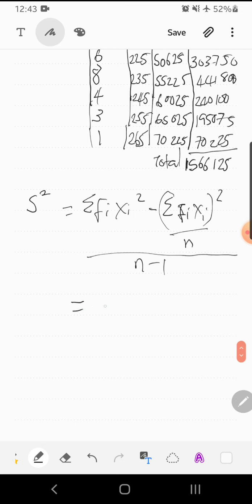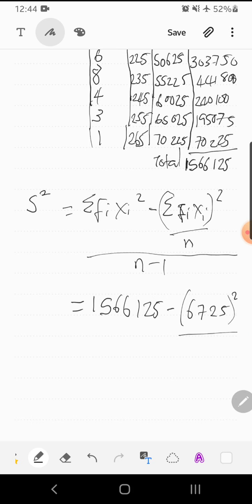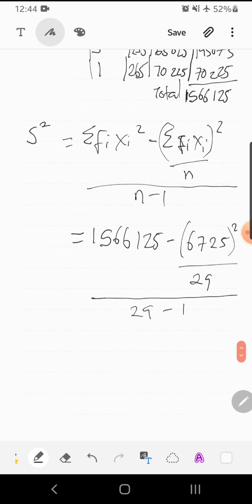So we have this term now, which is 1566125 minus, remember this was 6725 squared, over n, which is just the sum of the frequencies, so this is 29, and everything you divide by 29 minus 1.